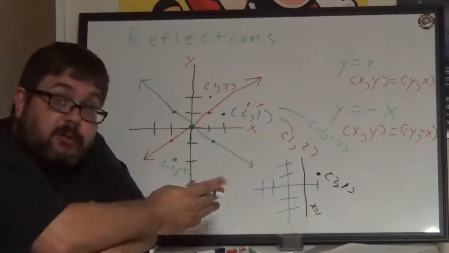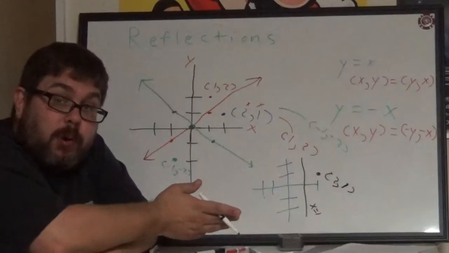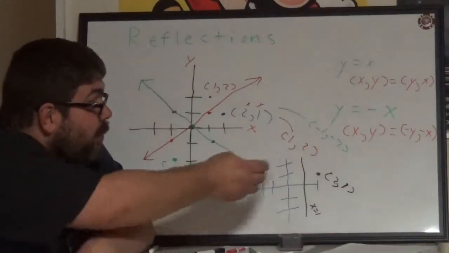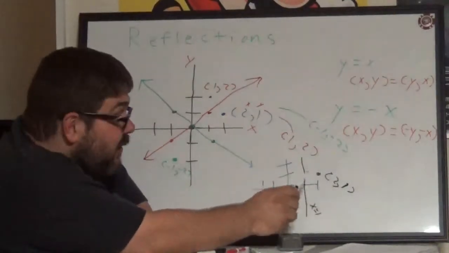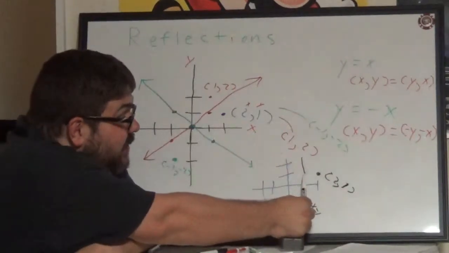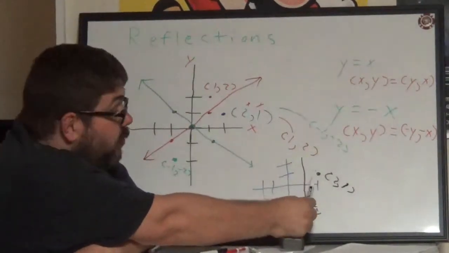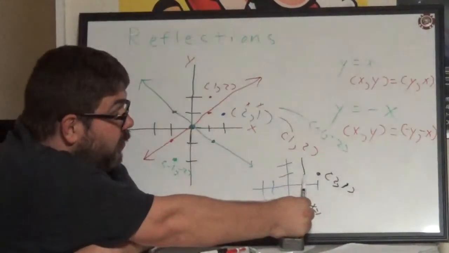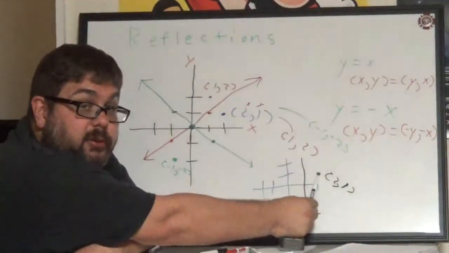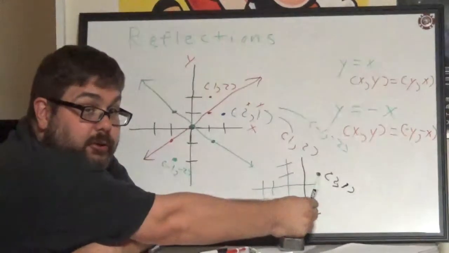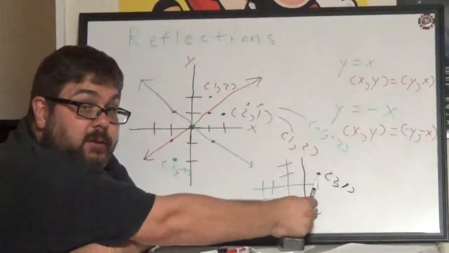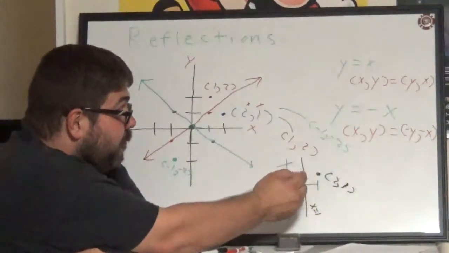So I'm going to now reflect over x equals 1. When we have a line like this, all we're going to do is count the distance from the line to our point. We go right 1 to get to 2, 1. So when we reflect, we're now going to go left 1.